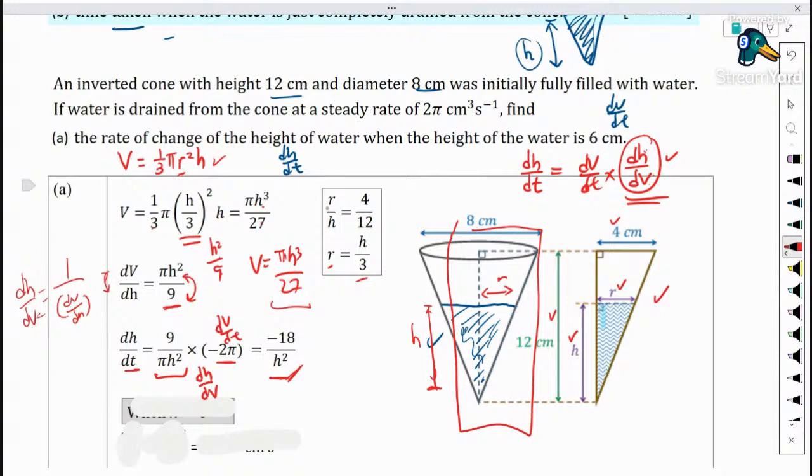As you can see for this value, negative 18 over h squared, if the water level is getting lower and lower, then the rate of change of the height will be getting higher, or the decrement of the height will be getting faster.